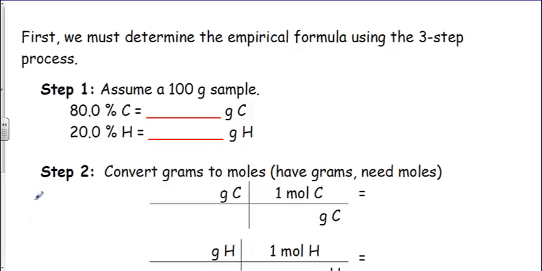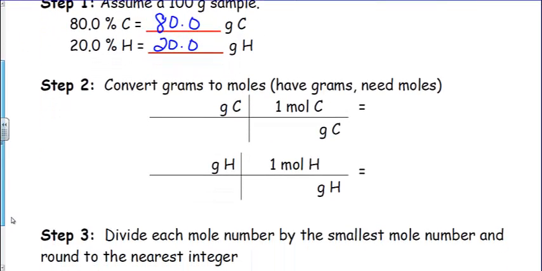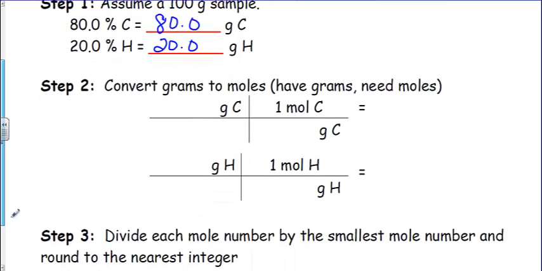Step 1, assume a 100-gram sample and convert your percentages to grams. So this would be 80.0 grams of carbon, and we have 20.0 grams of hydrogen. Step 2, we're going to convert grams to moles. We have 80 grams of carbon, and there are about 12 grams per mole, your GFM of carbon.